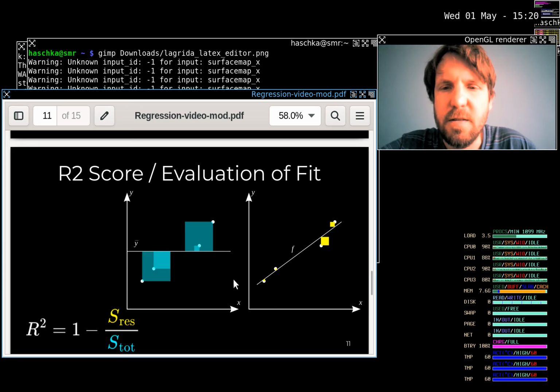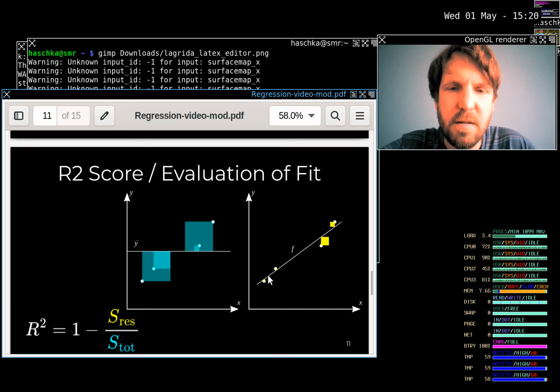And then you calculate these squares, so the sum of the distances between this fit here and the actual data points that you used to produce this fit, for instance, okay.